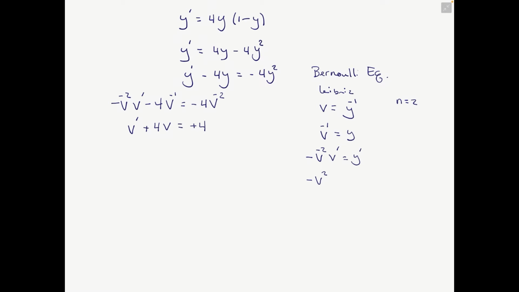V to the minus 2 plus 2 is v to the 0. Then we use our solution here for v of x equals 1 over mu of x.